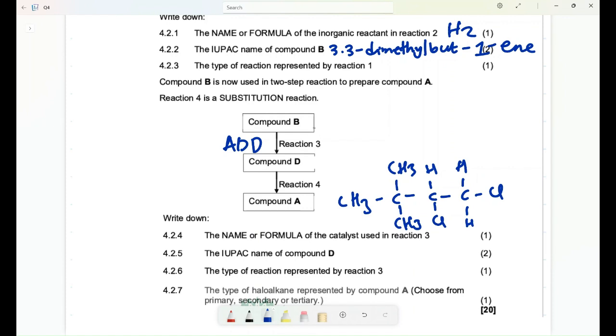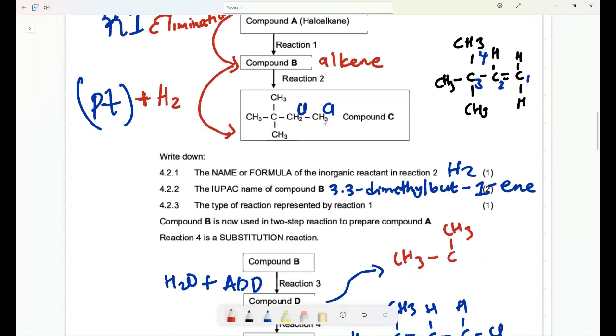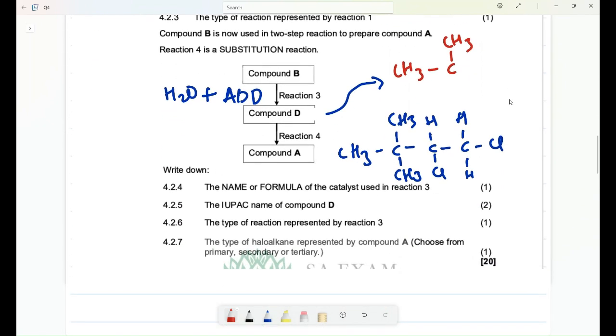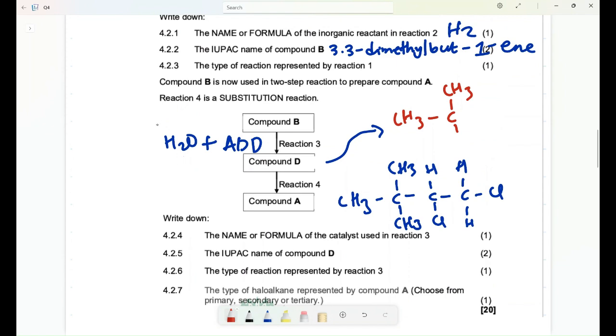So the thing that we can add here, we can add water. When you add water, it becomes something like CH3, CH3, CH3. Remember, we are trying to remove this double bond here. So I'm going to add the H and OH.